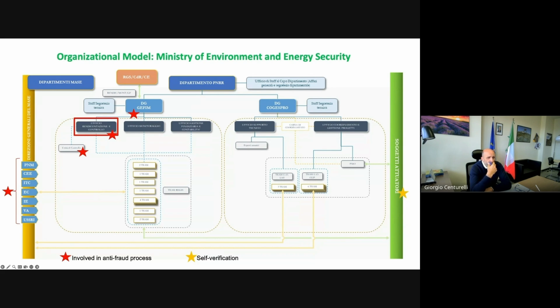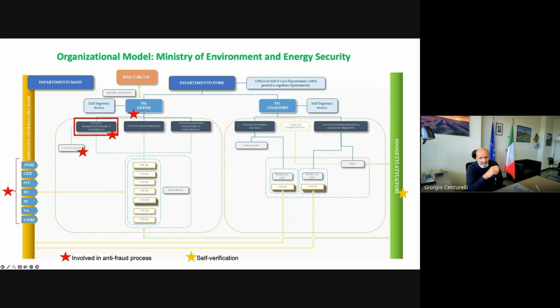We have the mission unit, very complex, different from other administrations. We have two different general directions. One general direction is in charge of the financial management of the financial resources, the monitoring and verification.